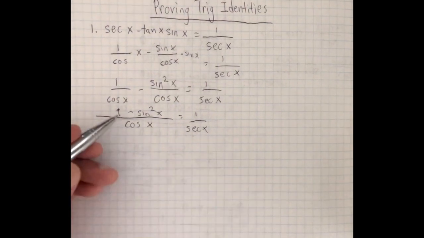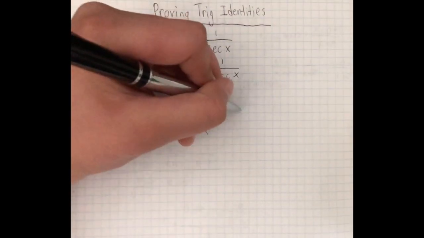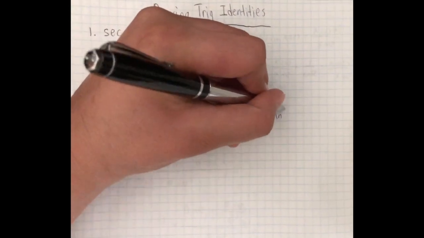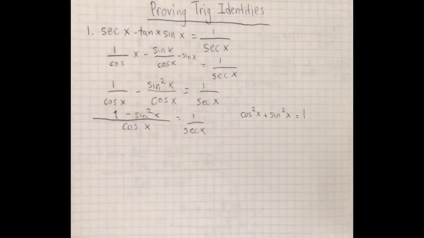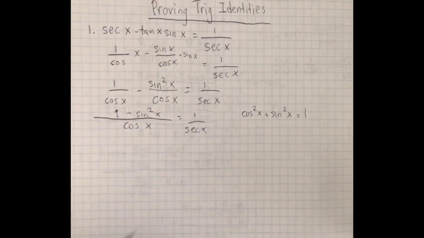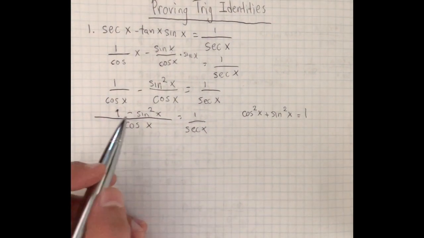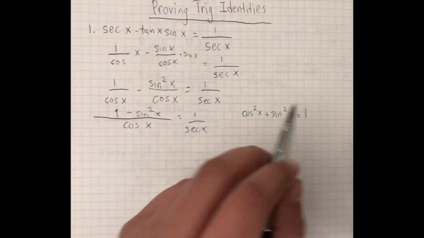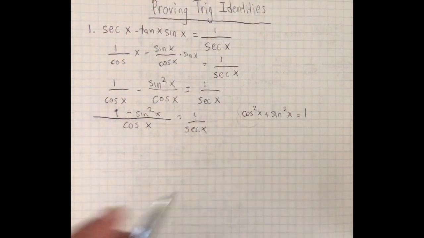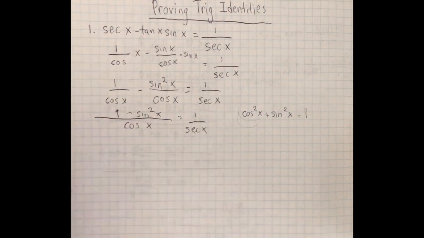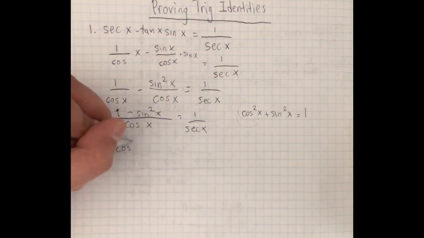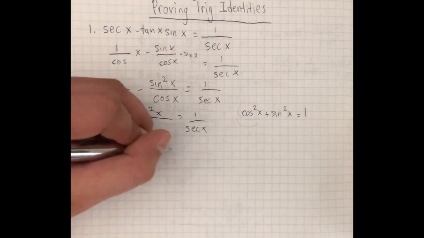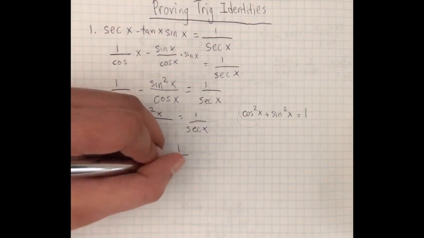Remember, we have our identity as cosine squared x plus sine squared x equals 1. So if we subtract sine squared x from both sides, we'll have cosine squared x. So the top is simply cosine squared x, divided by cosine x, equal to 1 divided by secant x.